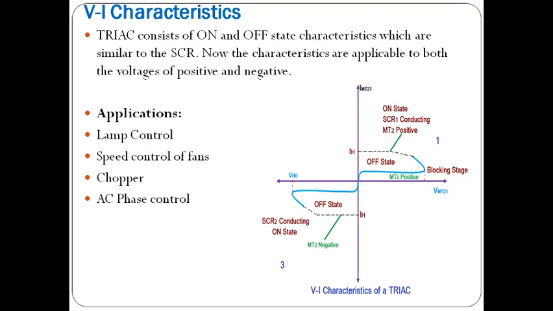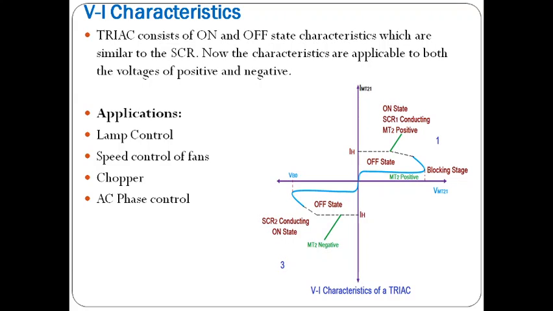So initially, before the forward breakover voltage, we are having a minor current, so it is indicated by a straight line in the first quadrant. After reaching the forward breakover, the current suddenly increases, so then the triac is in conduction. So the first SCR is in conduction.